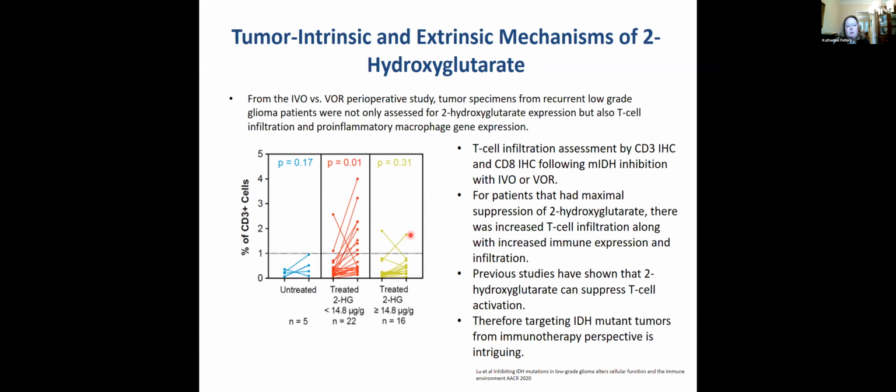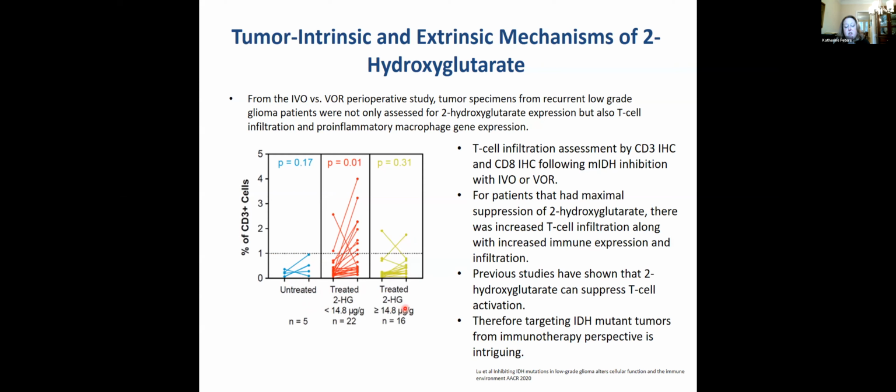So in that same group of patients where we removed the tumors in the perioperative study, we looked at T-cell infiltration, and what we found is in the untreated group, you can see a very low level of T-cell infiltration. In patients that were treated and had a reduction in 2-hydroxyglutarate, the T-cell infiltration was much improved.